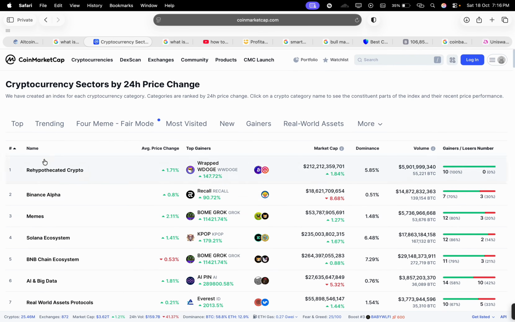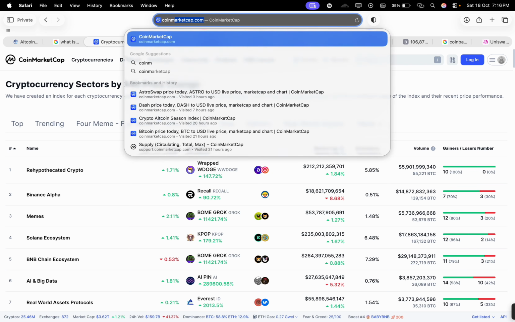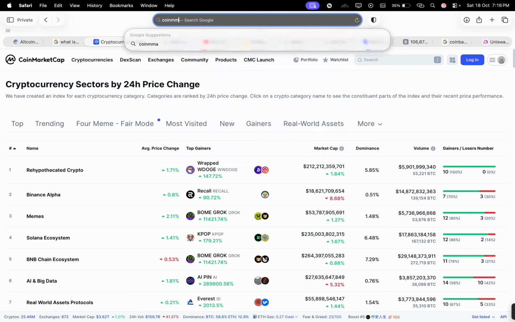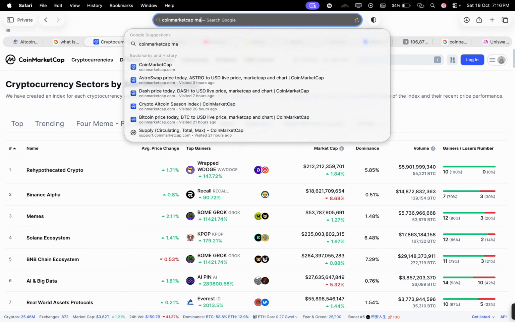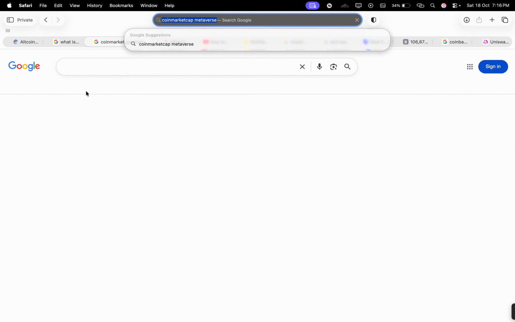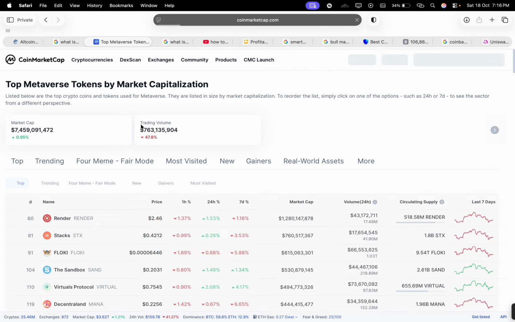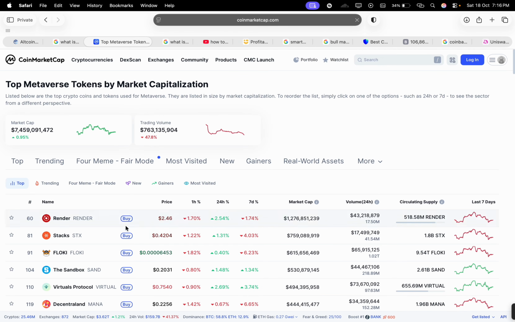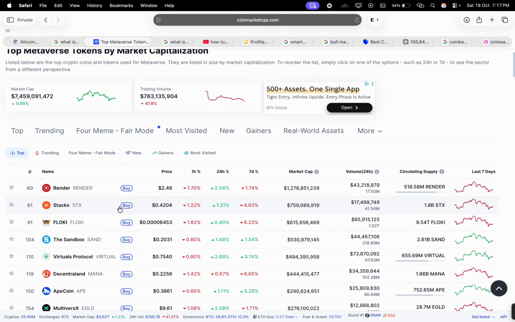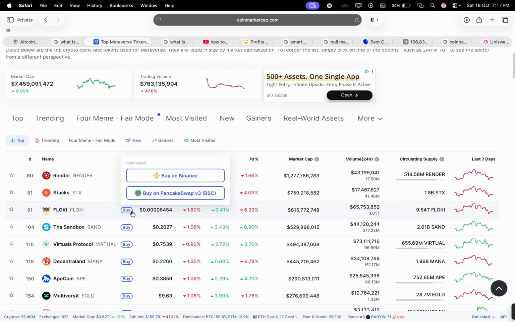If I go to metaverse coins on CoinMarketCap, these are the top metaverse tokens in the metaverse, the virtual reality world, and basically these coins focus on virtual land, avatars, and digital economies.